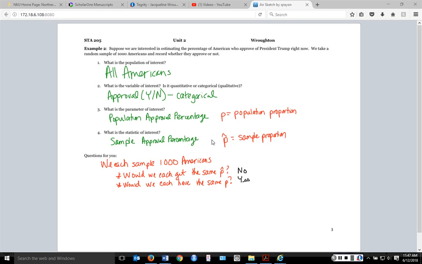So sort of the takeaway from this is that parameters, or population values, are fixed, versus statistics, or our sample values, vary based on the sample selected.